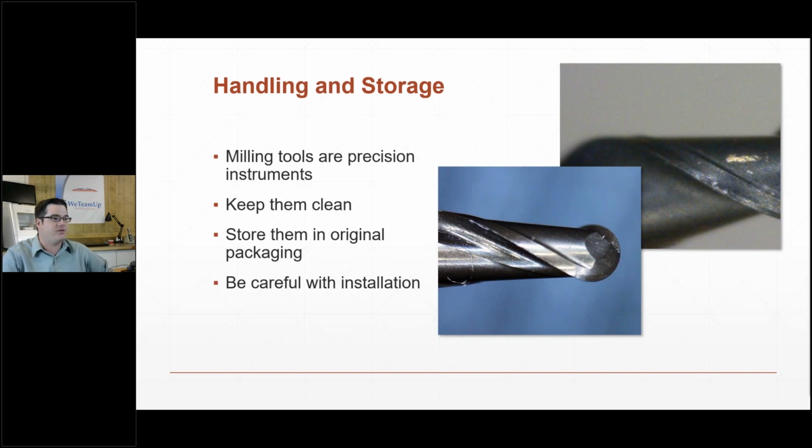And I think this is the last point on tool life, and that's actually just handling the tool. Milling tools are precision instruments, and they're made out of tungsten carbide, which is a very, very hard material. But because it's an engineered device, it's designed to take a mechanical load in a certain direction.